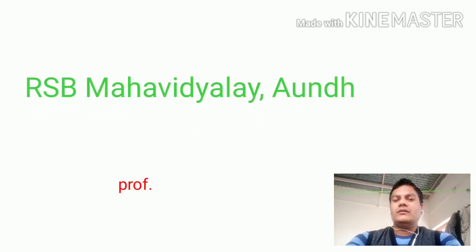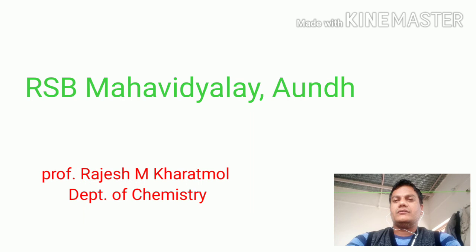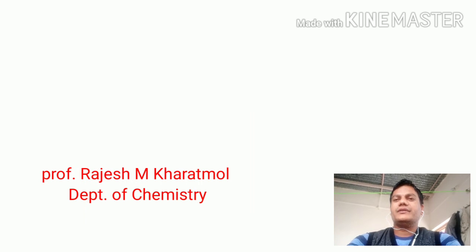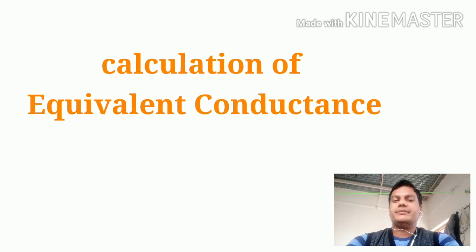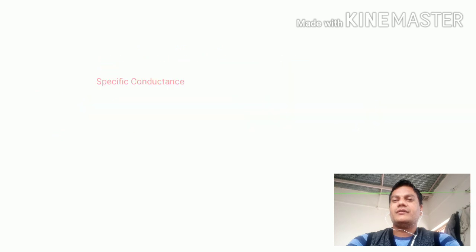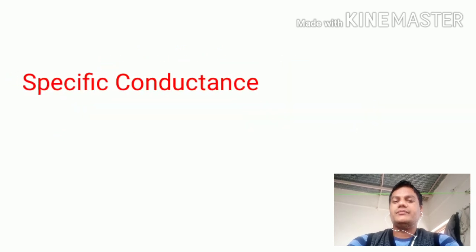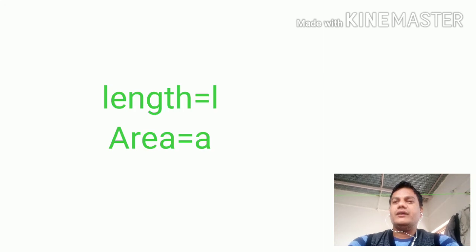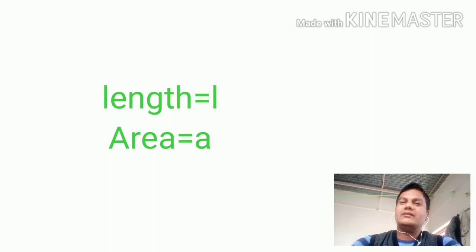Hello friends, in this tutorial we will learn how to calculate equivalent conductance, specific conductance, length between the electrodes or area of cross section. If any two or three quantities are given, then it is easy to calculate the fourth one.